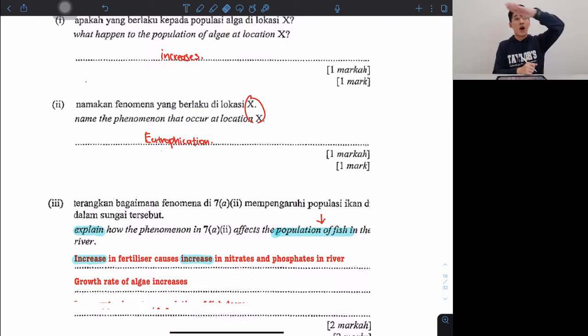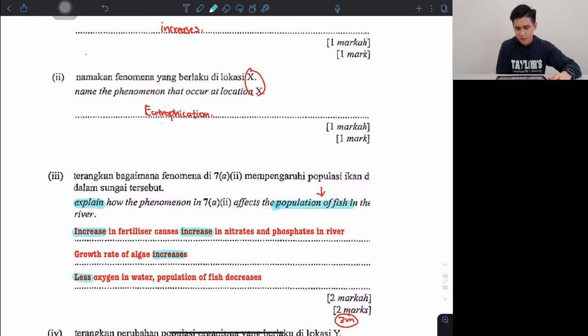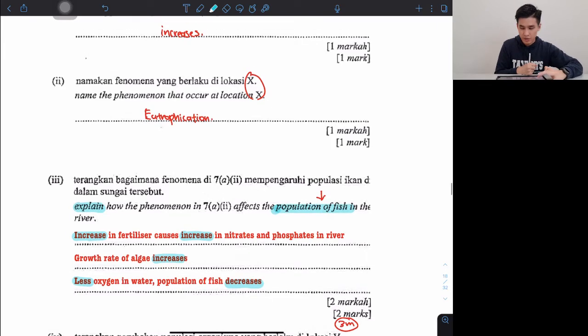Remember we say algae grow, plant die, lesser oxygen. So here this is the structure. I don't need to say because the plant cannot photosynthesise, no oxygen. So I go straight to the point. I say algae increase, no oxygen. No oxygen, no fish lor. Okay, easy. Yeah, pause and write.